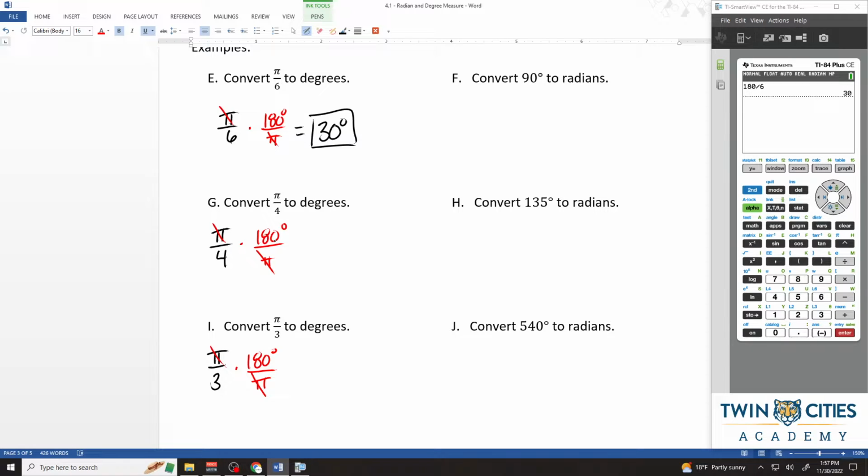For this one, I've got 180 degrees over 4, so 180 divided by 4. This is 45 degrees. And lastly, 180 degrees divided by 3. This is 60 degrees.